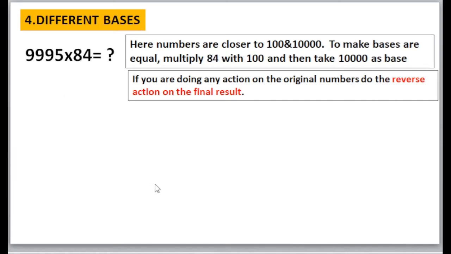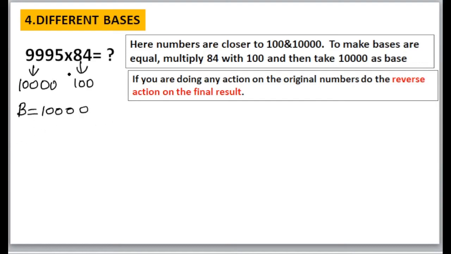Next is 9995 into 84. 84 is nearer to 100 and 9995 is nearer to 10,000. So you will take the highest number as the base, that is 10,000.